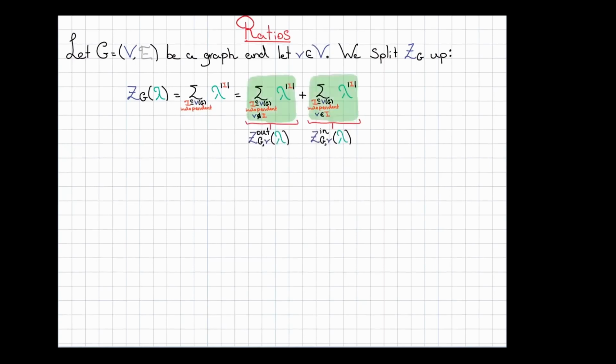And we define these two things for this particular vertex as Z out and Z in. So these are two polynomials. They sum up to the actual independence polynomial. And these Z out and Z in actually turn out to be independent set polynomials of smaller graphs.